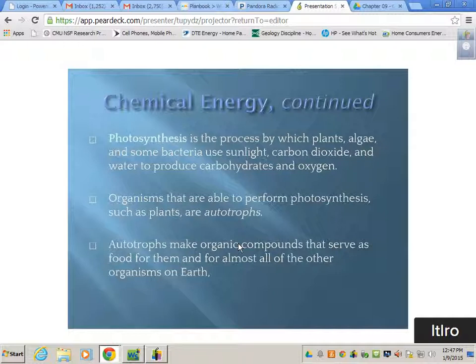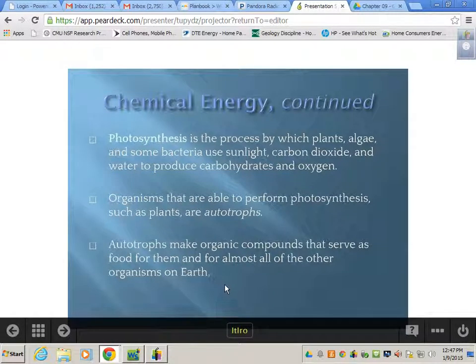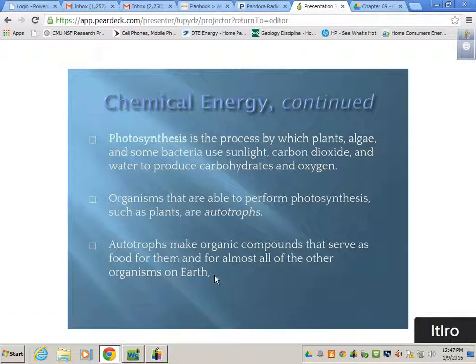Okay. So these make organic compounds that serve as food for them and for almost all other organisms on Earth. If you think about your dinner last night, every part of what you ate either came from an autotroph, or something else ate the autotroph and then you ate it. So, like a plant. You can eat salad. That's eating the autotroph, like spinach.